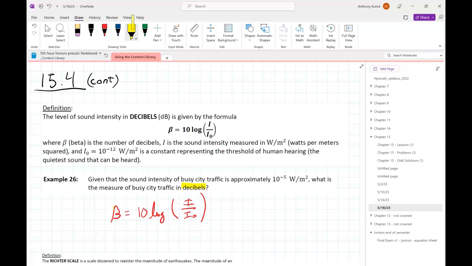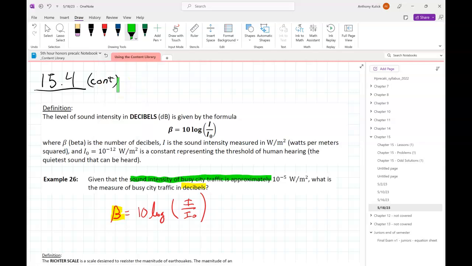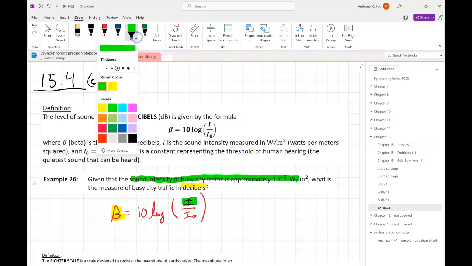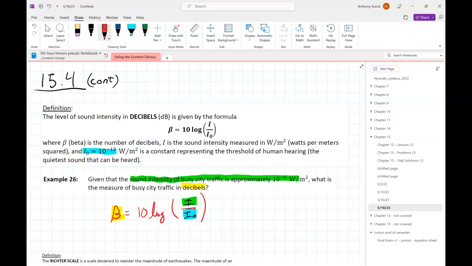We're going to be solving for beta. We're told the sound intensity is 10 to the negative fifth, so that's our I. And then we remember from the definition that I naught is a constant. It's always going to be 10 to the negative 12th.